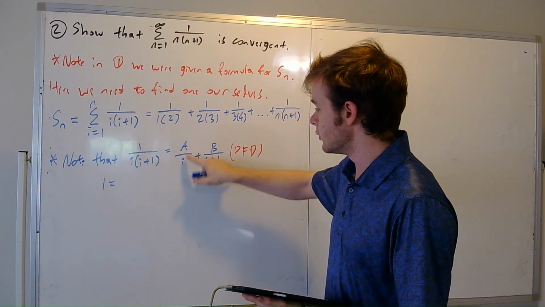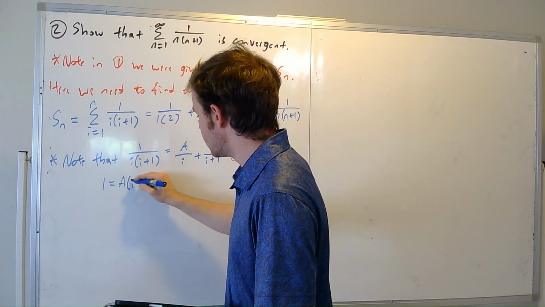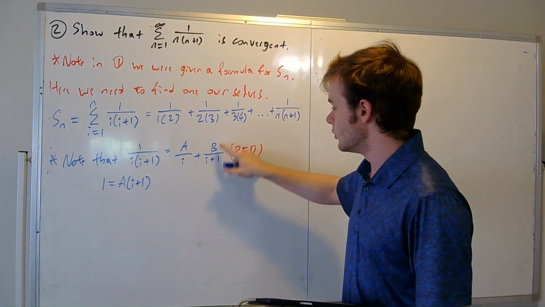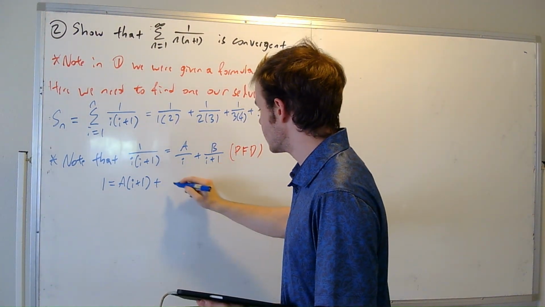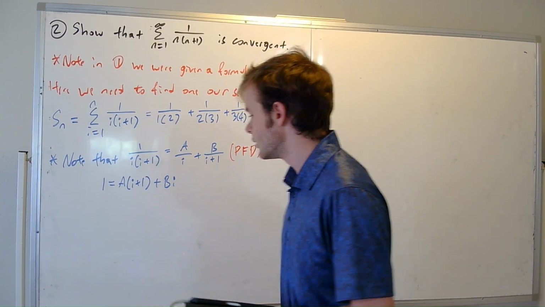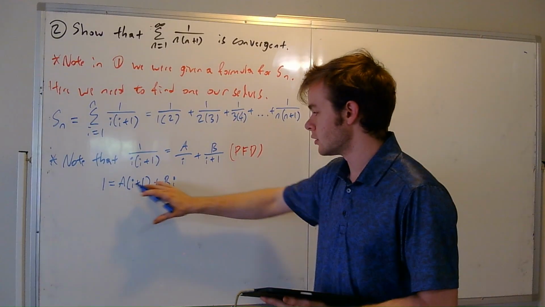So we need to multiply both sides by i plus 1. So the numerator is going to be A times i plus 1. And same thing here. We need to multiply both sides by i. So the numerator on the second fraction is going to be B times i. Okay, so we actually get this equation just relating our numerators.